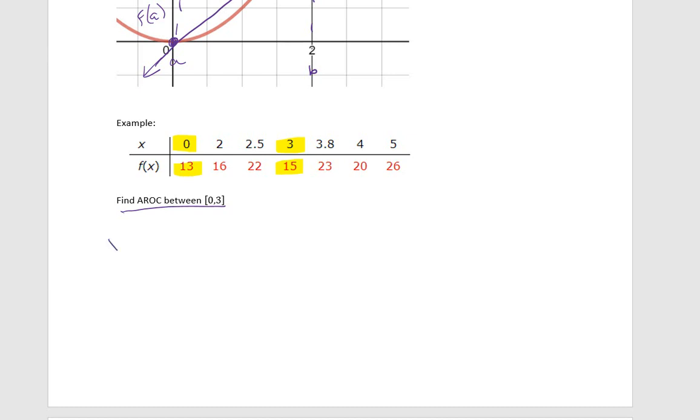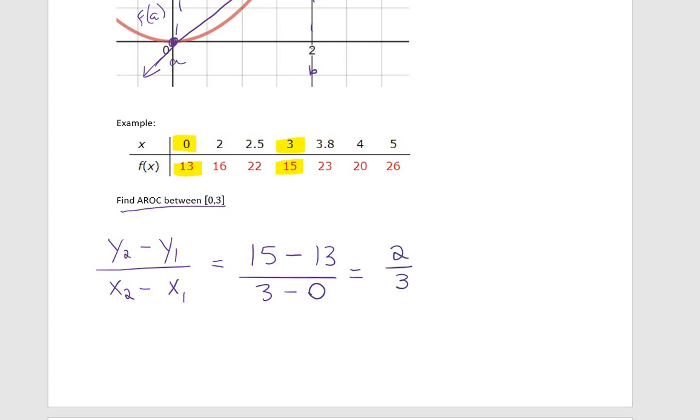So if we take our y2 minus our y1 over x2 minus our x1, then that is going to be 15 minus 13 divided by 3 minus 0, which would give us an average rate of change of 2/3.